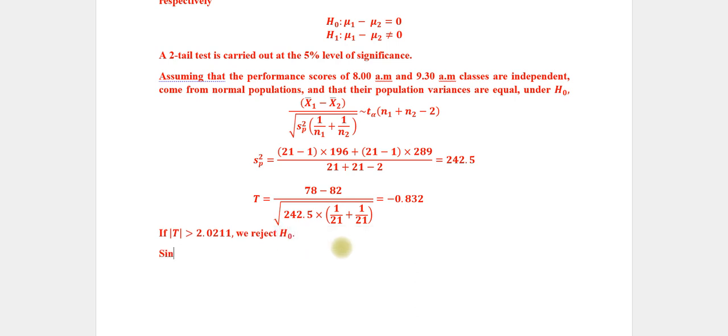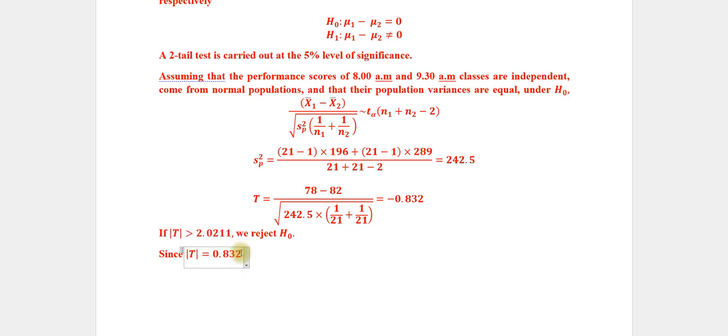Let's do the conclusion. Since modulus t is equal to 0.832, because modulus t is the positive of a negative value here, which is 0.832. And does it go according to this statement? You see that 0.832 is not greater than that.